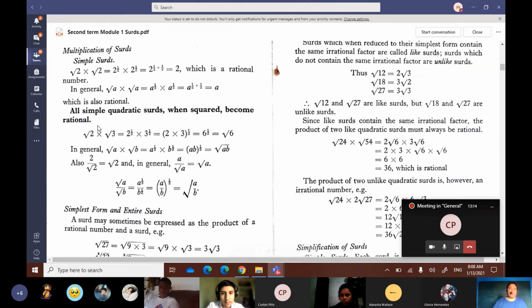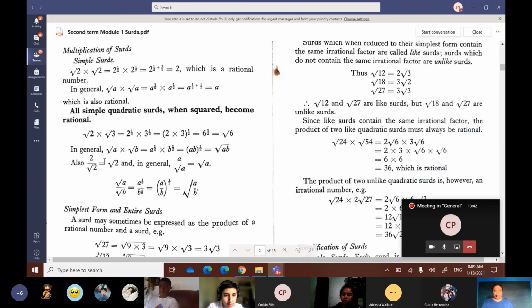So here we have the square root of 2 times the square root of 3 equals 2 to the half times 3 to the half, which can be written as open bracket 2 times 3 close bracket raised to the half, since both of them have the same power. 2 times 3 is 6, but you keep the power of a half outside the bracket, which will equal the square root of 6.